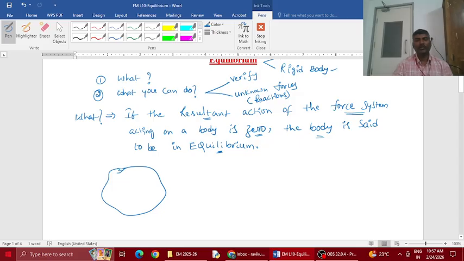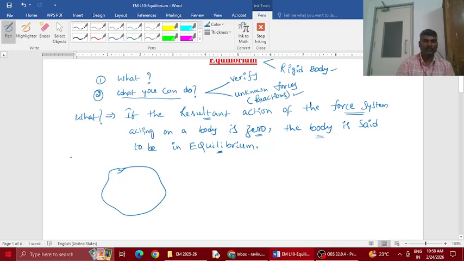If you know that the body is in equilibrium, then with the equilibrium conditions, we find unknown forces, that is reactions.